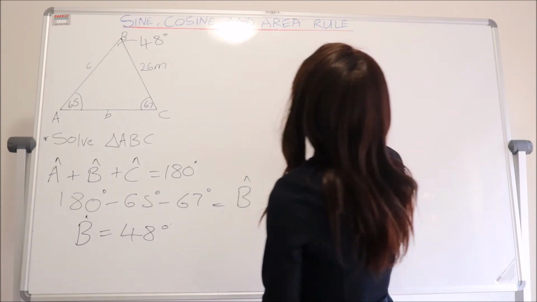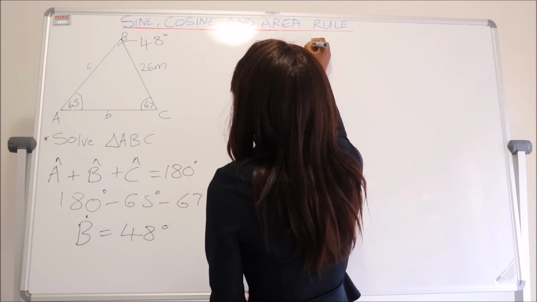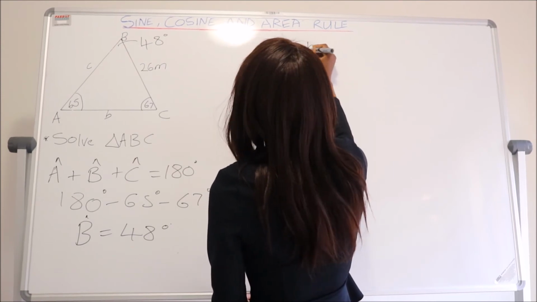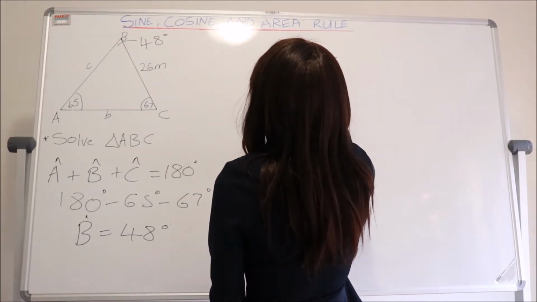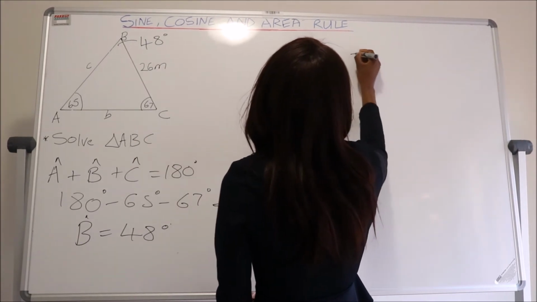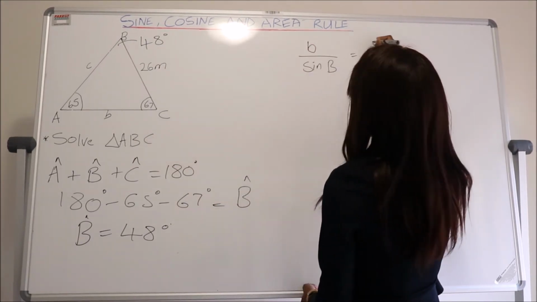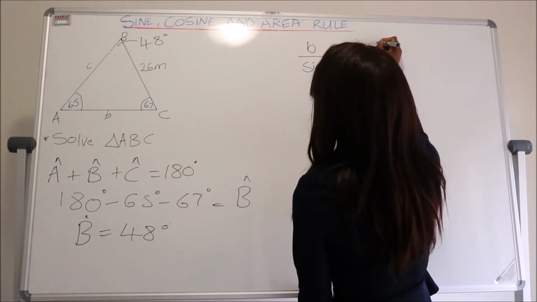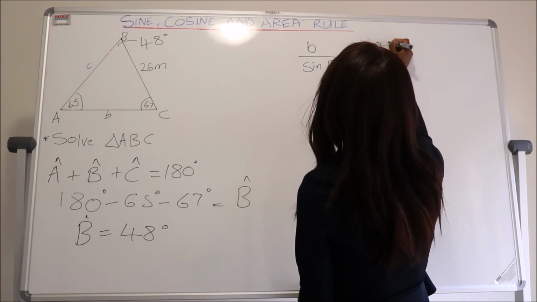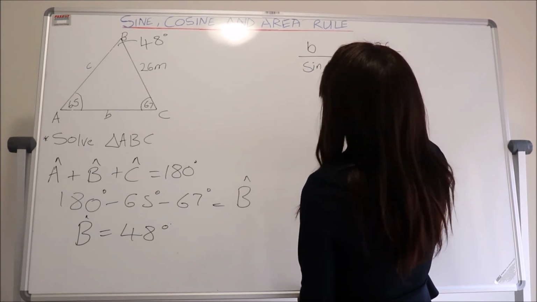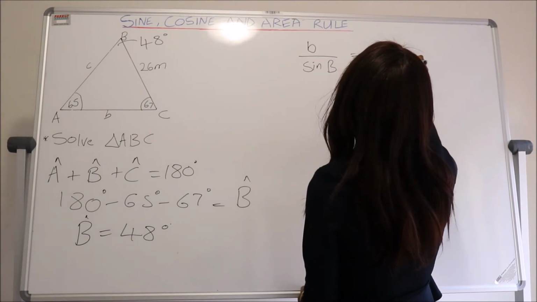but if I have to solve for the side, then it's better to have the unknown side in the denominator. Alright, then from here we're going to have the side of B divided by sine of B, which is equal to the side of A, which is 26, divided by the sine of 65 degrees.